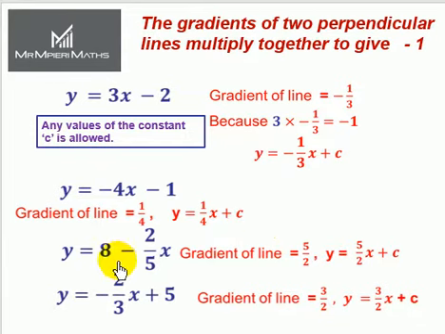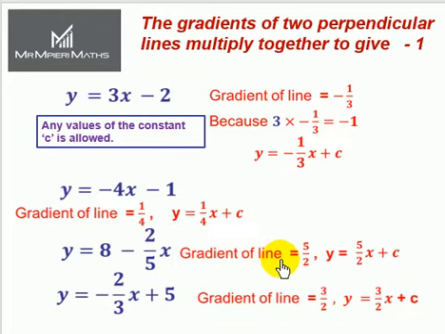Now look at this one here: y equals 8 minus 2 over 5x. The gradient of this particular line is minus 2 over 5. The gradient of what we are looking for has to be the reciprocal of this. What do I mean by reciprocal? Reciprocal means just the inverse, which is 5 over 2.